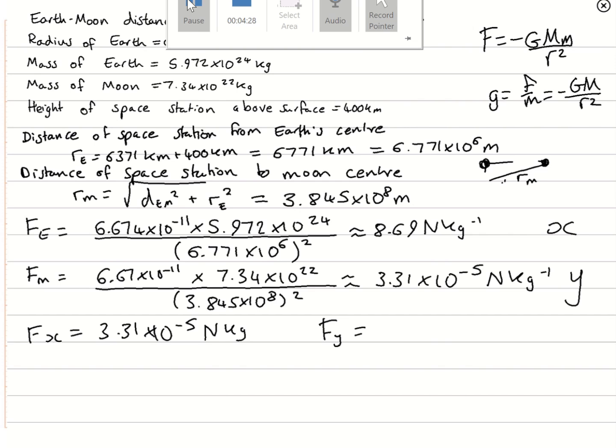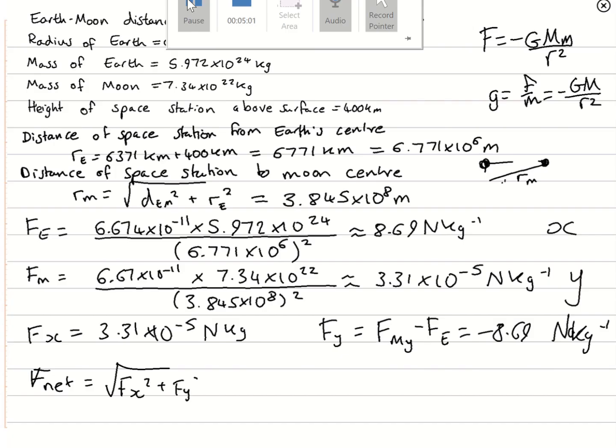We'll say f of y is equal to f of the Moon in the y direction minus the force of the Earth, so minus 8.69 newtons per kilogram, which means that the net force is just equal to the square root of f of x squared plus f of y squared. It comes to about 8.69, so it's almost exactly the same as the force that it feels from the Earth. The Moon's contribution is absolutely tiny.